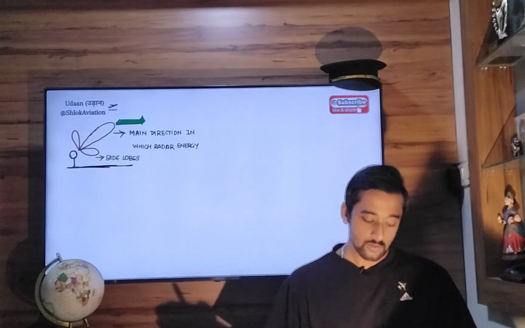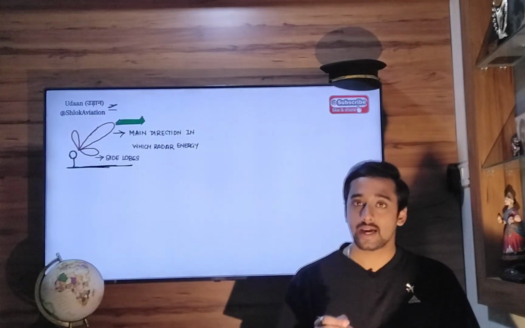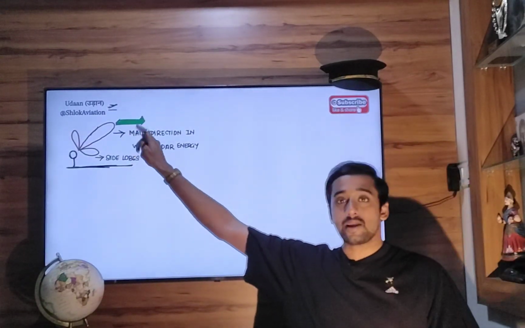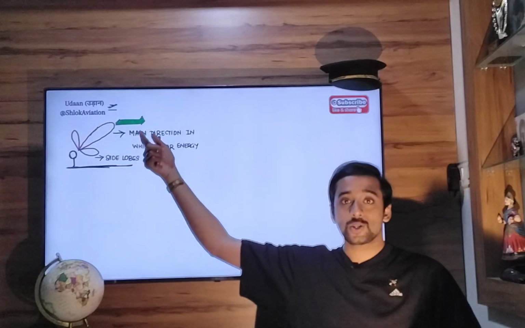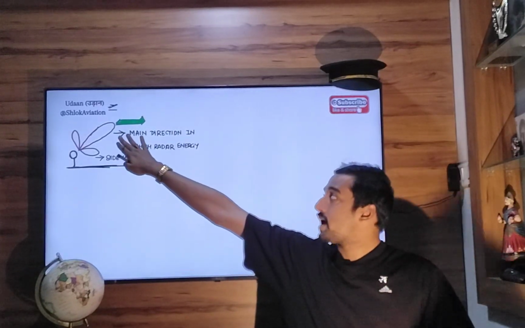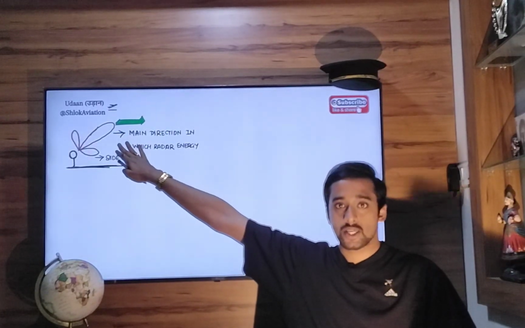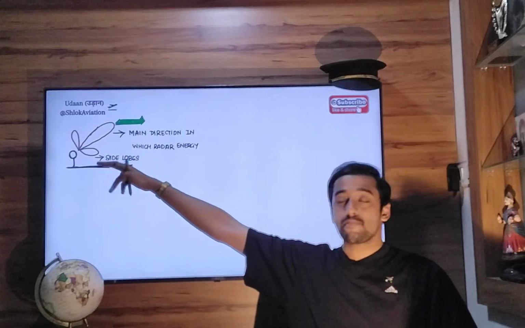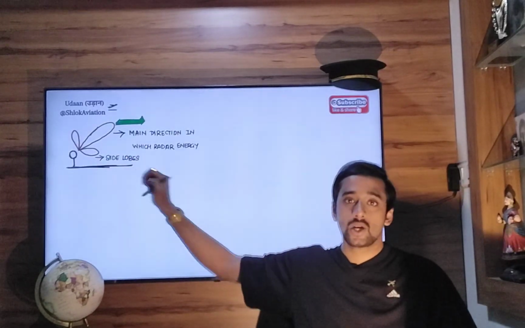Now it may happen that this aircraft, instead of replying to the main direction beam of radar transmission, replies or transponds to the side lobes.